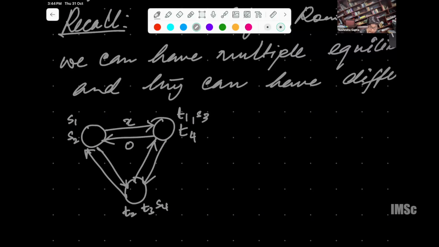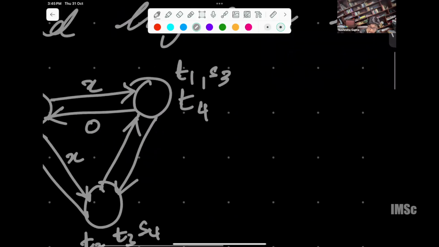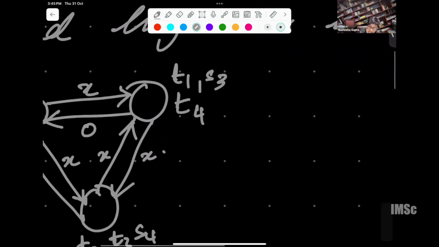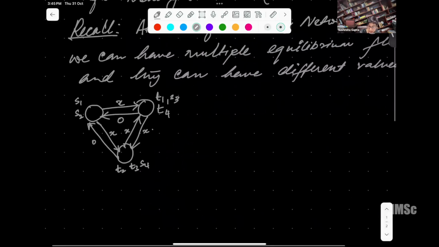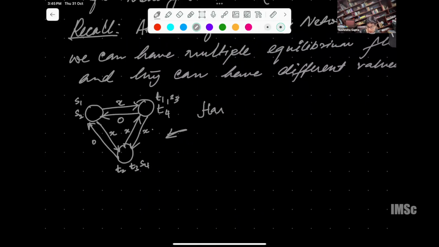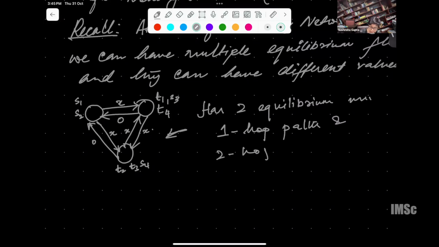If you try it, this has two equilibria, one using one hop paths and the one using two hop paths. And their values can actually be different.